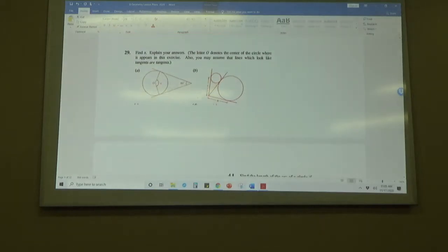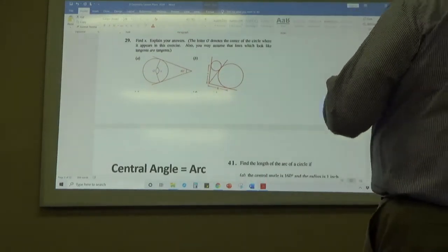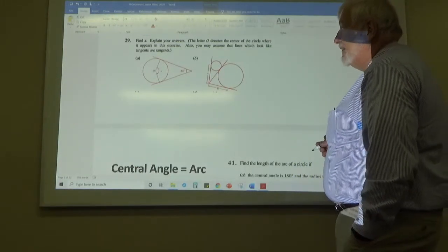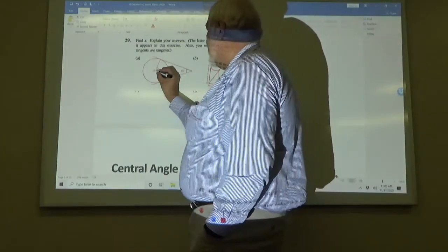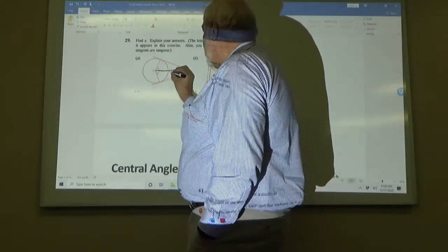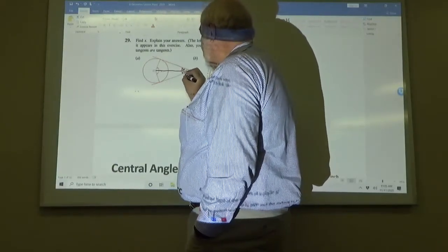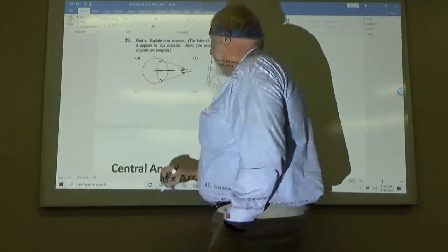Okay, so here's a problem. All right, it says find x. All right, now here's what happens here. If I draw this line here, this bisects into 20 and 20. This is a 90-degree angle.